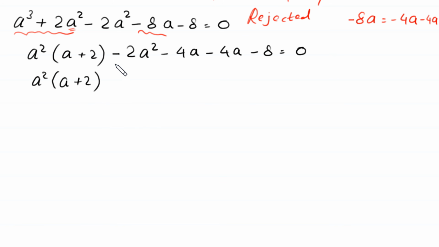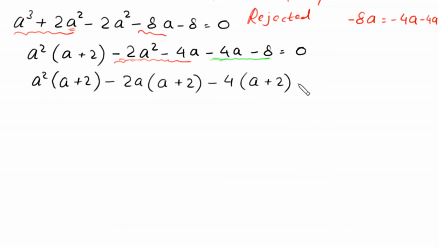Now from these two terms negative 2a squared minus 4a, we can factor out negative 2a. So negative 2a as common factor, in bracket left a plus 2. And from these two terms negative 4a minus 8, we can factor out negative 4. Negative 4 as common factor, in bracket left a plus 2 is equal to 0.